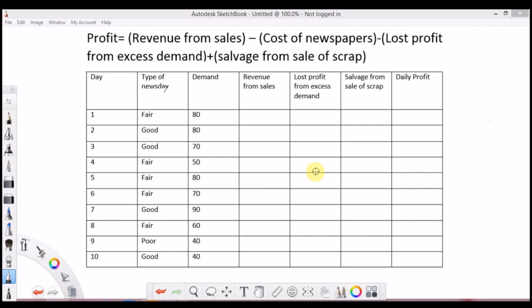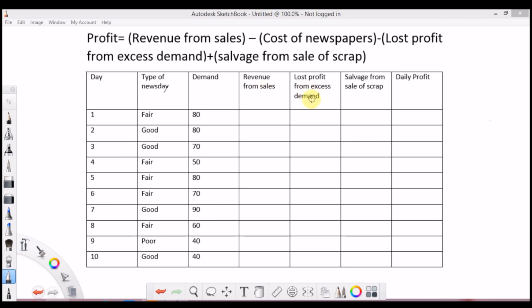Now coming to the big table where we have to calculate the daily profit and at the end calculate the total profit. For calculating the profit, there's a formula that's already been given, but let's look at the formula later. Let's look at the table. So we have the 10 days that we have to simulate for. We have to find the type of news days, the demand it has, the revenue from sales, the lost profit from excess demand.